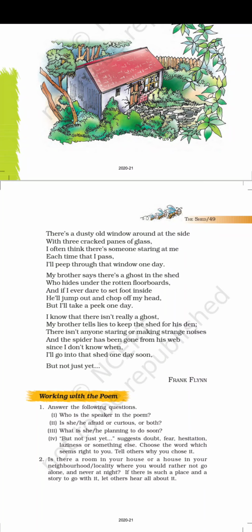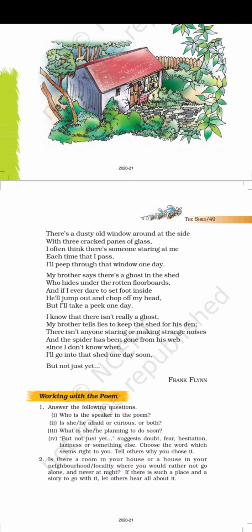But the poet's brother says there is a ghost in the shade who hides under the rotten floorboards. The floorboards are kind of rotten, not good, and there is a ghost hiding under them.